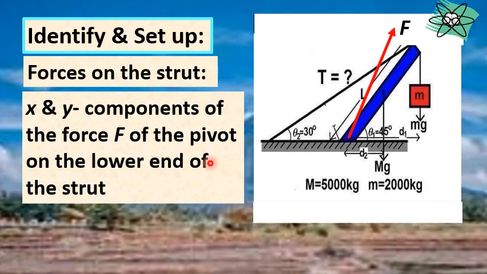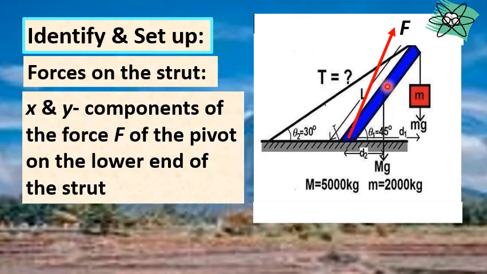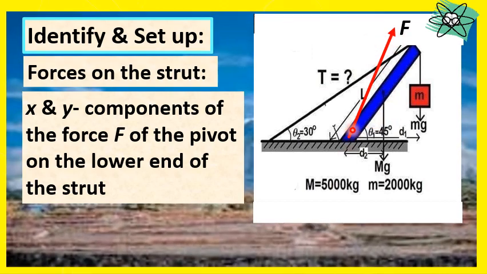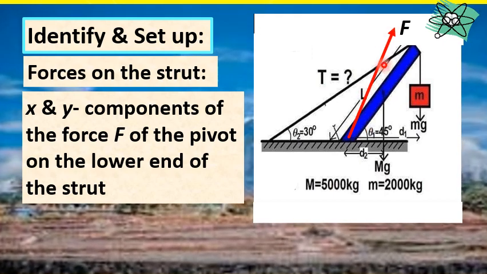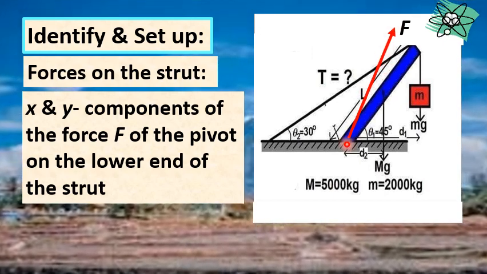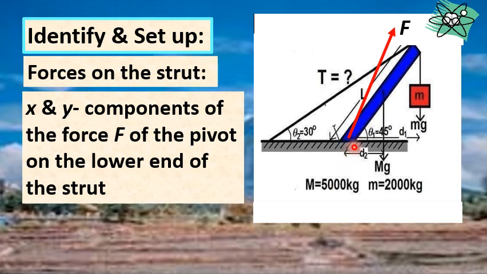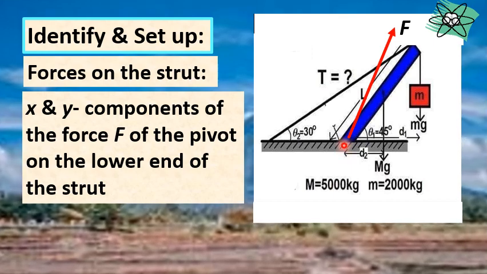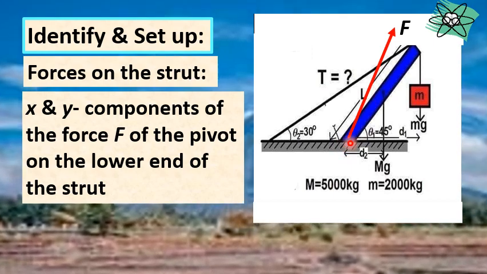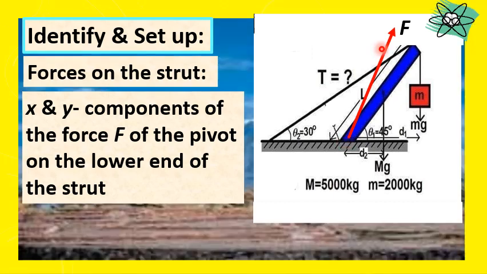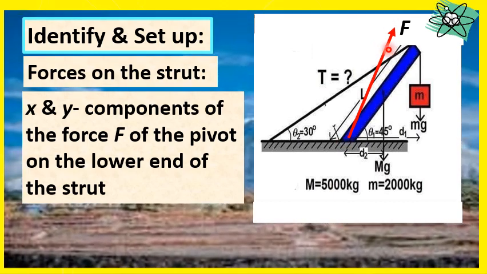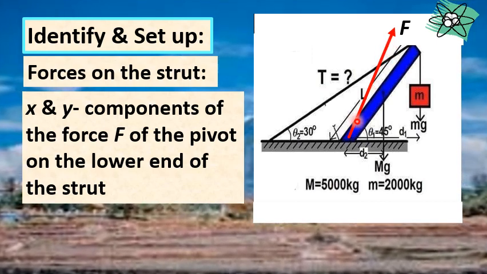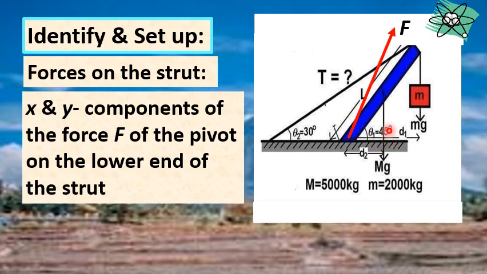The fourth force that is also acting on the strut is the force F, represented here by this red arrow. This is the force exerted by what we call a pivot on the lower end of the strut, and it is directed as shown by this arrow. Take note that this force F forms an angle that is greater than 45 degrees.